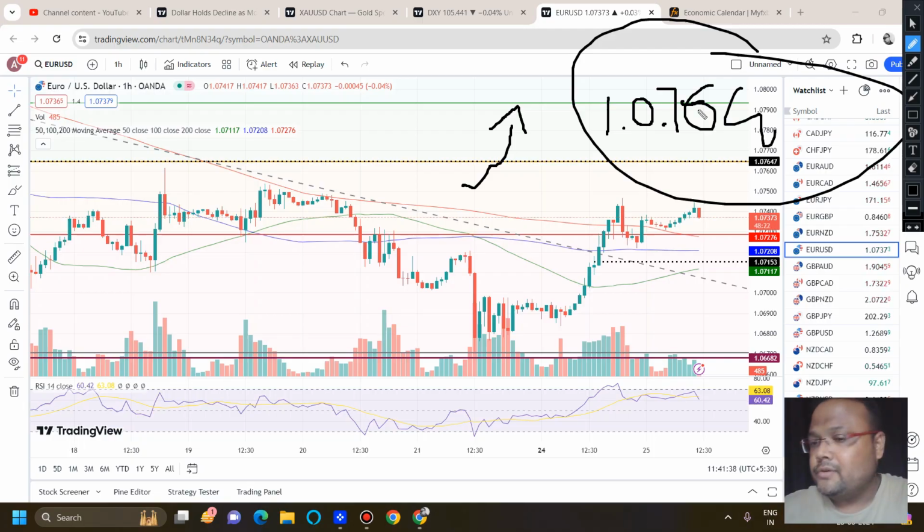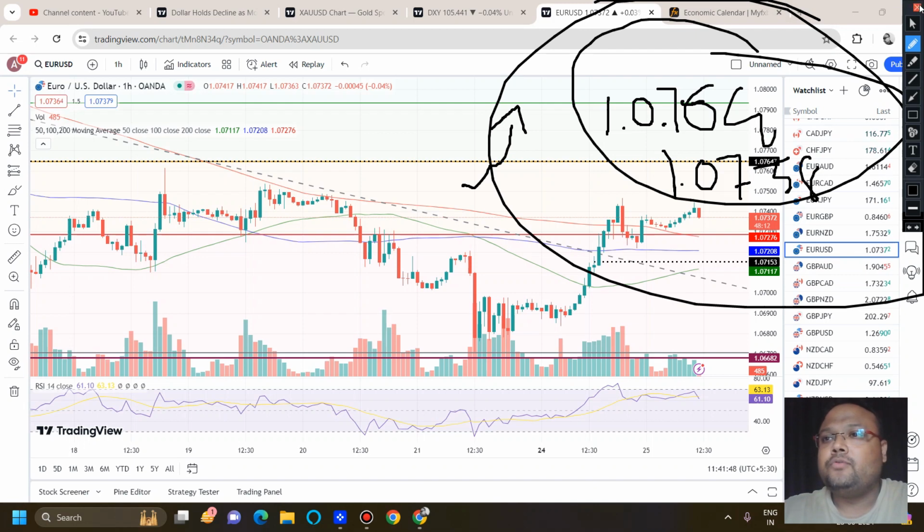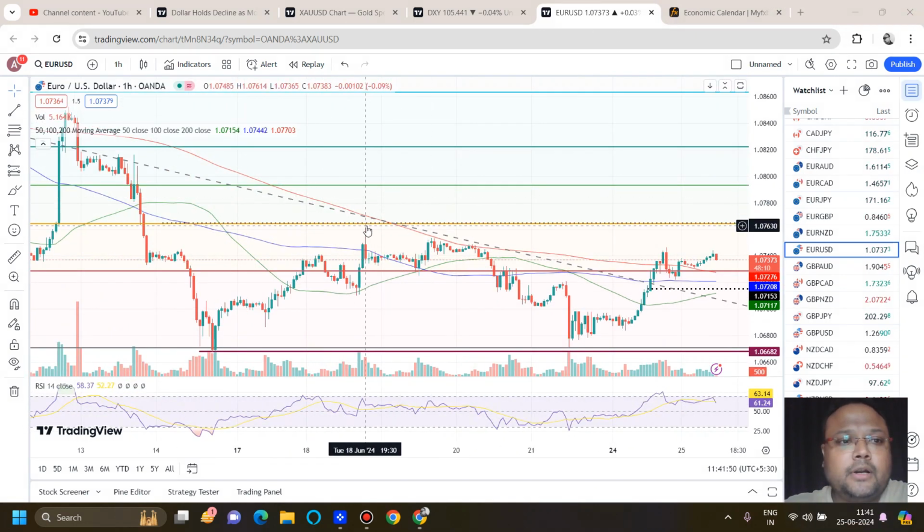And if you see the market going up like this with small candles, then you can look for a sell around 1.0764, 1.0758. This is the level where you can look for a sell because of the FIBO 38.2% retracement level plus previous strong price rejection around this area. And in a low volume market, obviously Euro USD will face trouble.